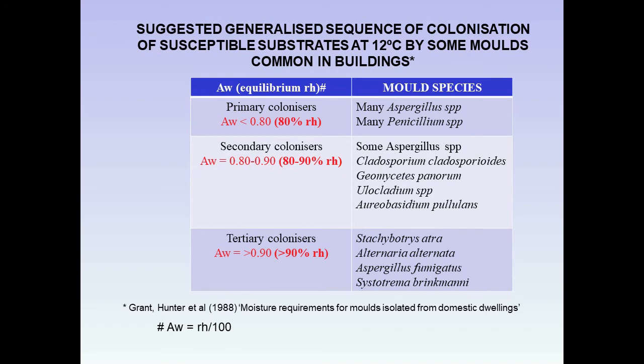So we have these different requirements for different levels of colonization. And it's highly likely that much of the mould in buildings does not require condensation. It develops via these primary and secondary colonizers due to very high humidities developing.